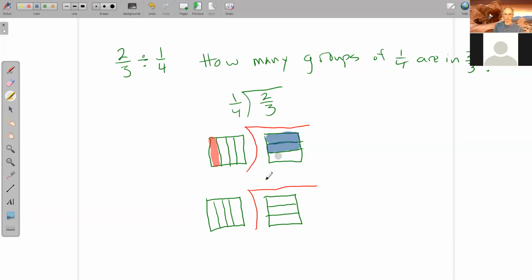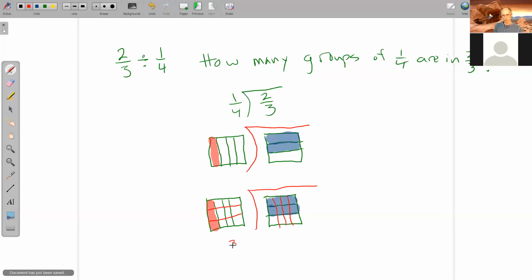And my shading. Okay, so then cutting each like the other, we'll switch colors. So we'll go thirds that way, fourths this way. So now I've redrawn the problem.